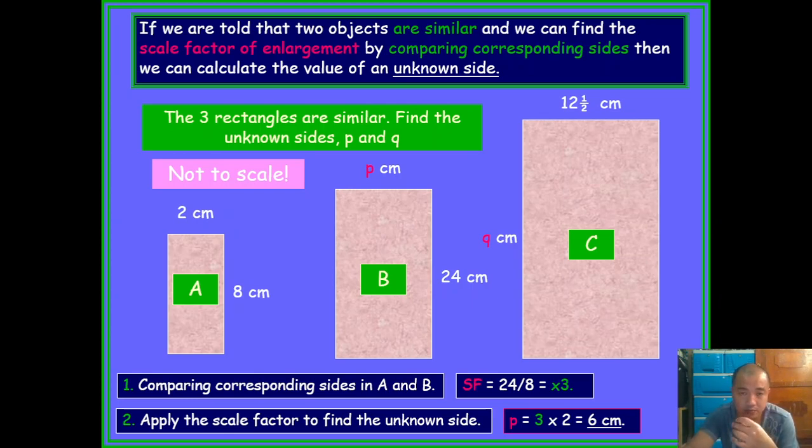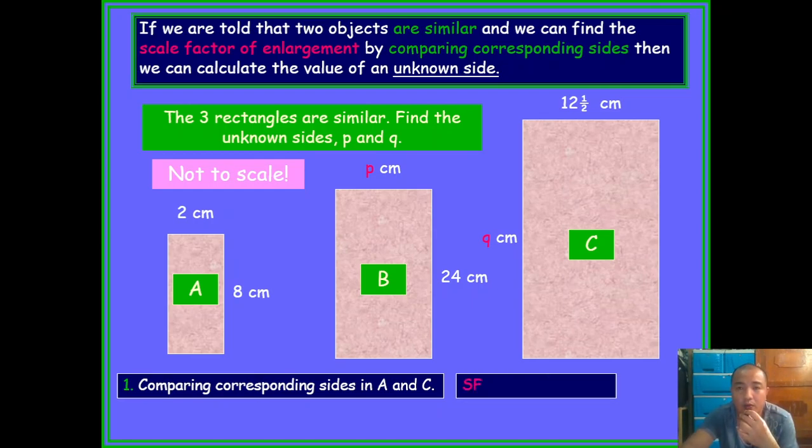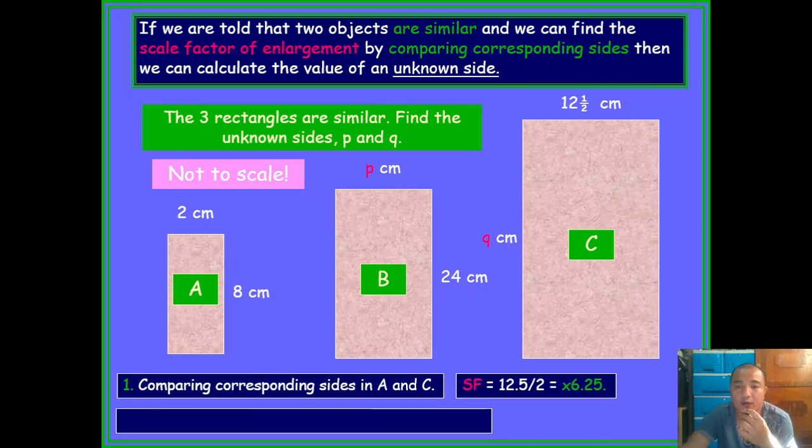How about Q? Comparing corresponding sides in A and C, what is the scale factor? 2 over 12.5, which is 6.25.